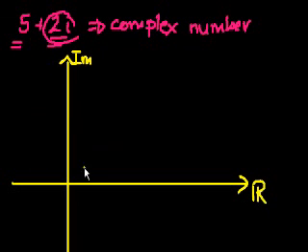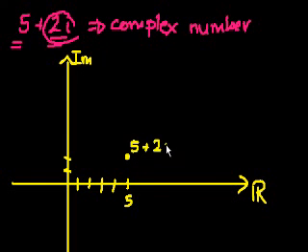And 5 plus 2i, well, its real part is 5, so 1, 2, 3, 4, 5, that's 5. And its imaginary part is 2i, so you go along the imaginary axis, or the i-axis, 2. And then you would have this number here, called 5 plus 2i.